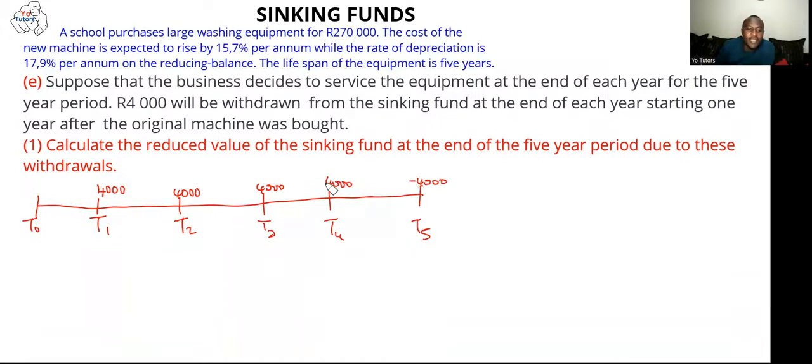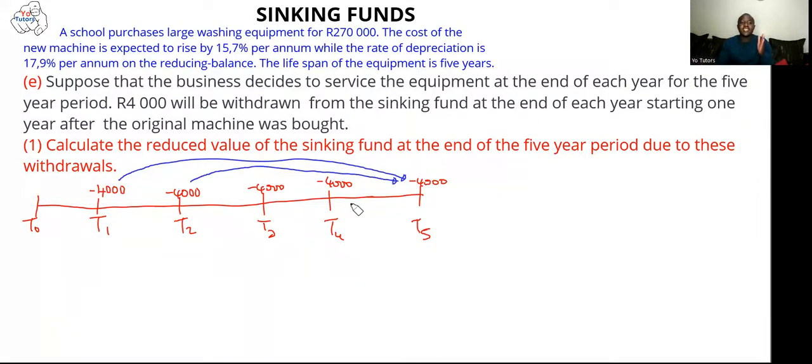So we are saying minus, minus, minus, minus, minus. But the first 4,000 was supposed to grow for how many months? That's the question now. Another 4,000 on the second year was also supposed to grow, but for how long? How many months? That's what you need to understand.